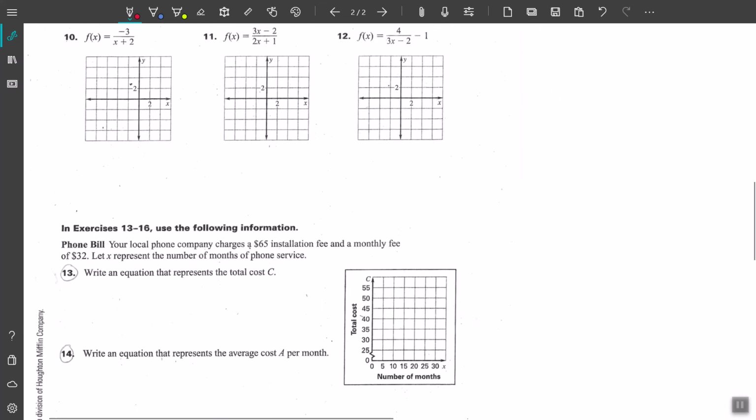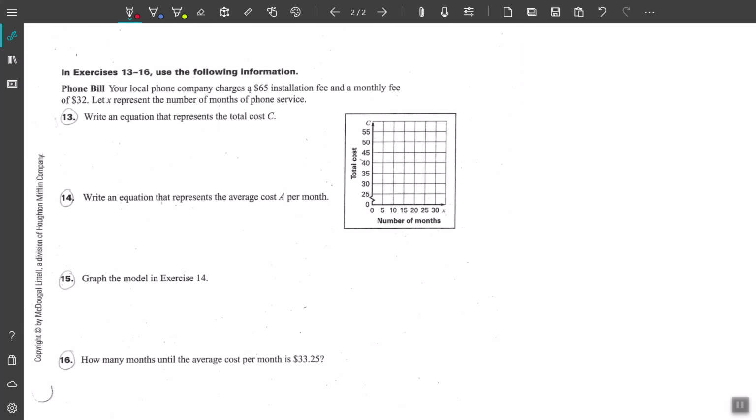All right, and then moving down to our last problem to talk about is this word problem at the bottom. Your local phone company charges a $65 installation fee and a monthly fee of $32. They say let X represent the number of months of phone service and write an equation that represents the total cost C. So this should be pretty straightforward for you.